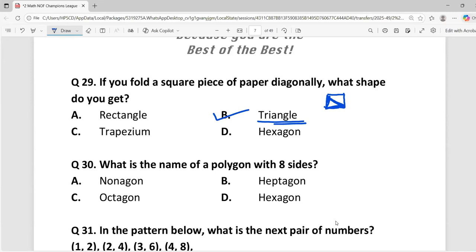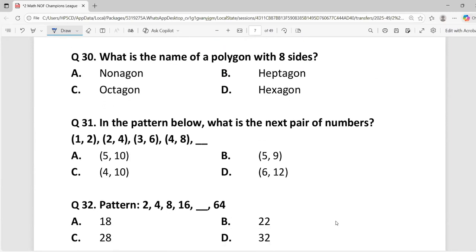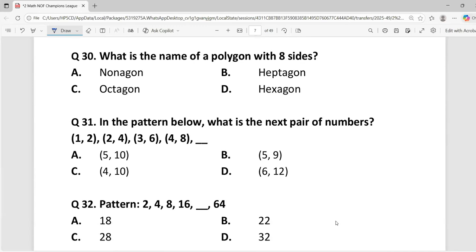Option B is the correct answer for the 29th question. Next: what is the name of a polygon with 8 sides? Octagon. An octagon is the polygon which has 8 sides. So option C is the correct answer for the 30th question.